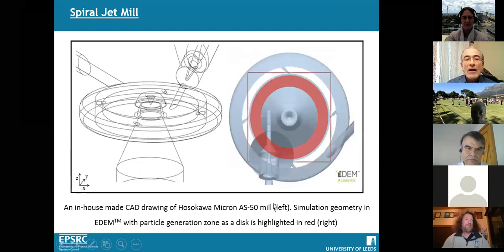So here is the spiral jet, a top view of it on the right-hand side, and a side view of a CAD drawing of this AS50. Basically, we have a manifold, as you see here, and we include the manifold in the fluid flow calculations because our work in the past has shown that if you include the manifold, the fluid flow pattern is slightly different from if you discard it.